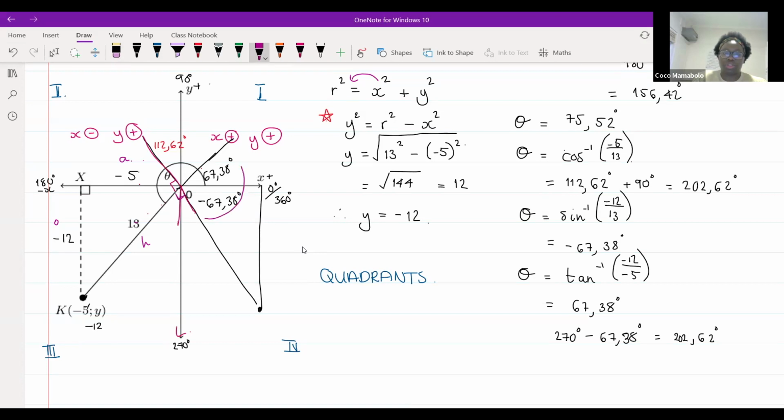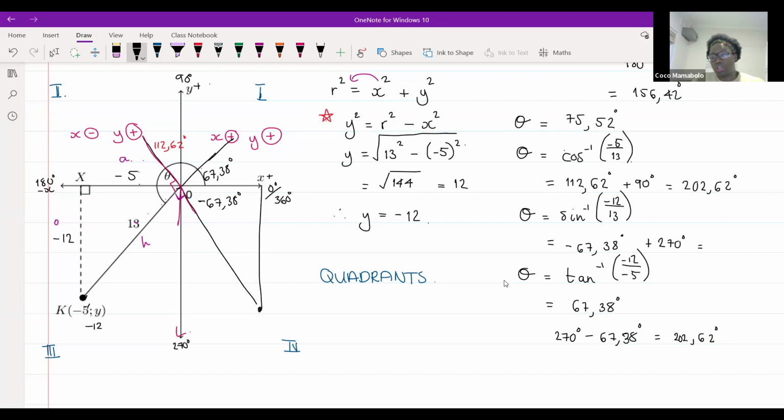How many degrees do I need to go in that direction to get it to be positive? Plus what? That's it, Palesa. Absolutely, yes. Plus 270 degrees.